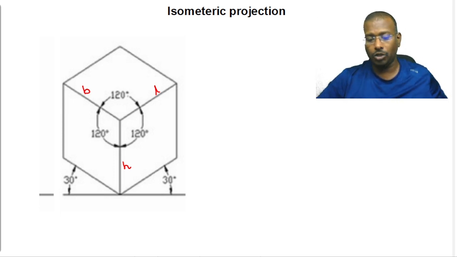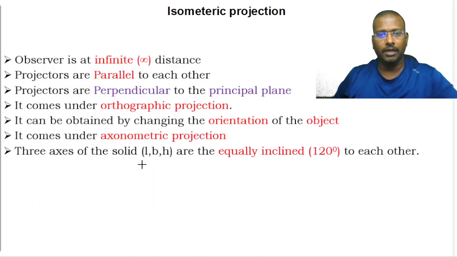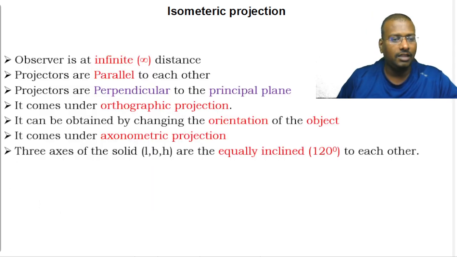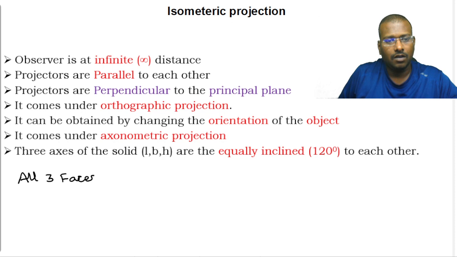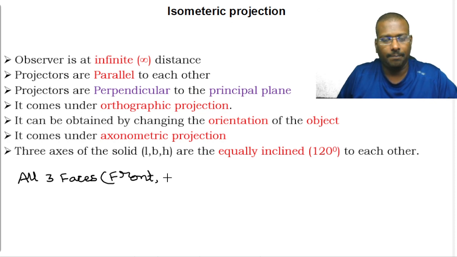Isometric projection. So this word is also important. What is that? All the three faces: front as well as rear, both are same; top as well as bottom, both are same; left side and right side.